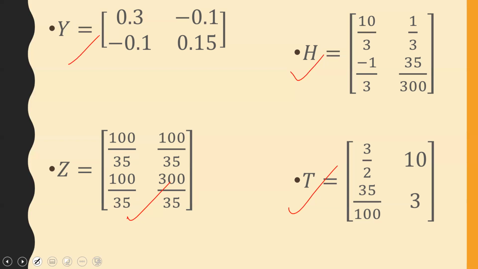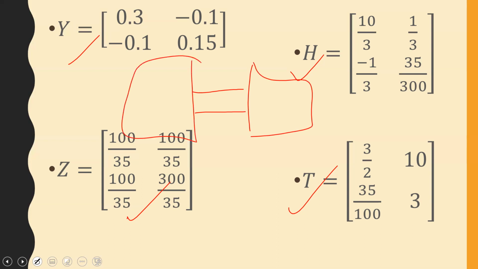When I'm looking at the output of a network going directly into another network, we refer to this connection as being cascade, not series, but cascade. So this is the input of network 1, that's network 1, this is network 2.